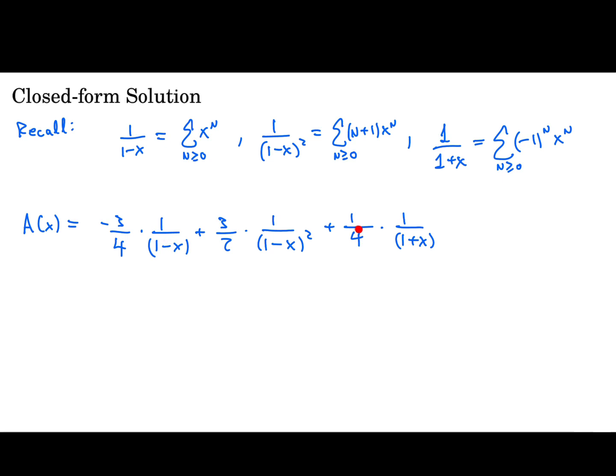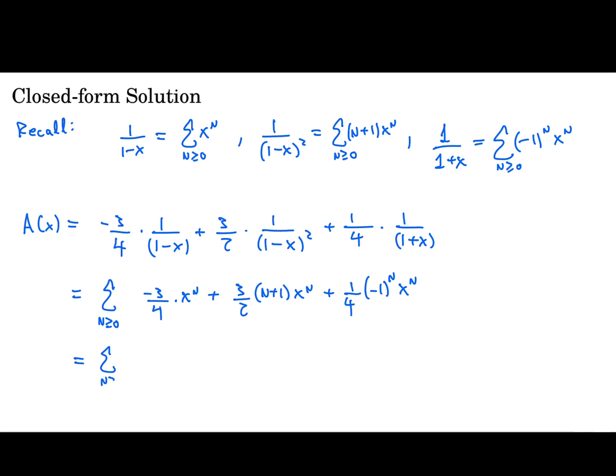What we obtain is that A of x is the summation of minus 3 quarters times x to the n, plus 3 halves times n plus 1 times x to the n, plus 1 quarter times minus 1 to the n times x to the n.